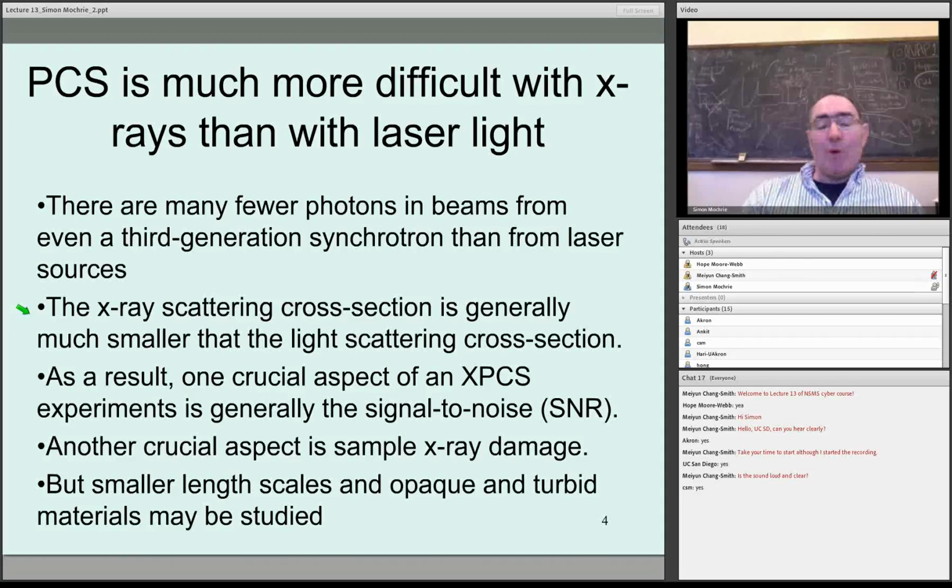The second issue is that the X-ray scattering cross-section is generally much smaller than the light scattering cross-section. And therefore, the signals that you get in an X-ray photon correlation spectroscopy experiment are generally much smaller than the signals that you get in a laser light scattering photon correlation spectroscopy experiment. And therefore, you have to be very concerned with the signal-to-noise ratio.